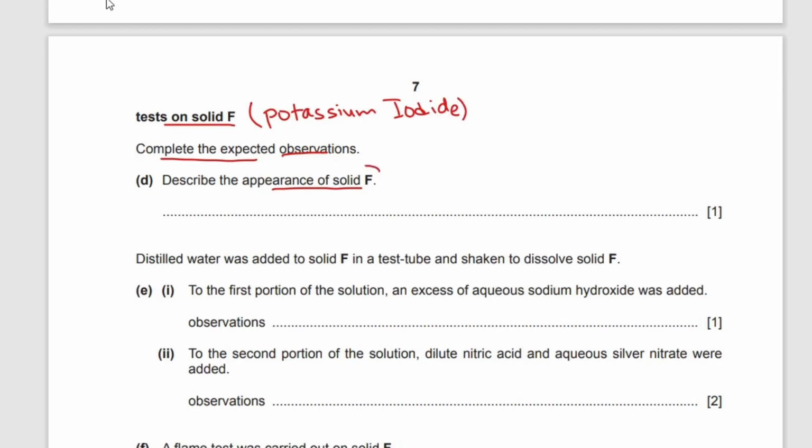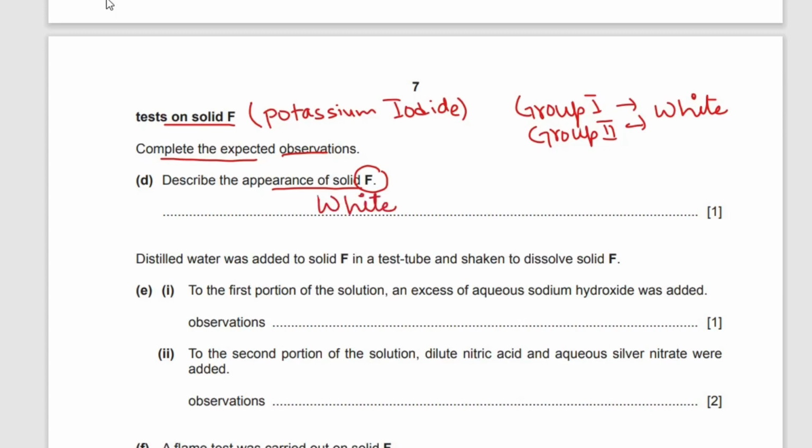Appearance of solid F. I told you group 1 and group 2 metals make white solids, white salts, right? So their appearance is white. And transition metals, they make colored salts. So here we will write white only.